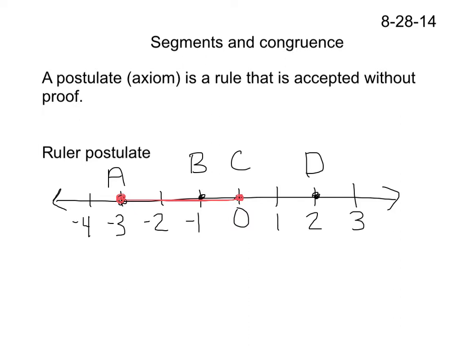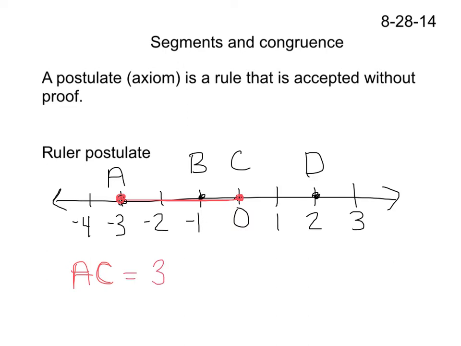When we do this, you're not counting this first hash. That's not a distance right there. That's your starting point. So we have this space, so there's 1, this space, 2, and this last one right here, 3. So the length of AC, okay, let's get this written, AC is 3.